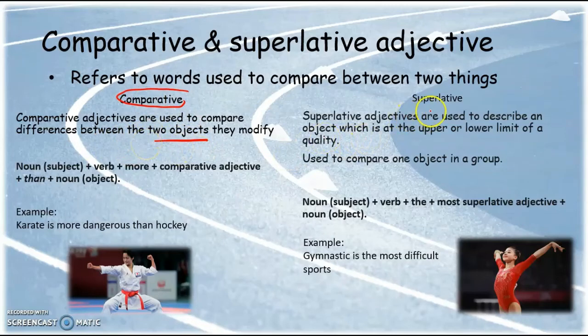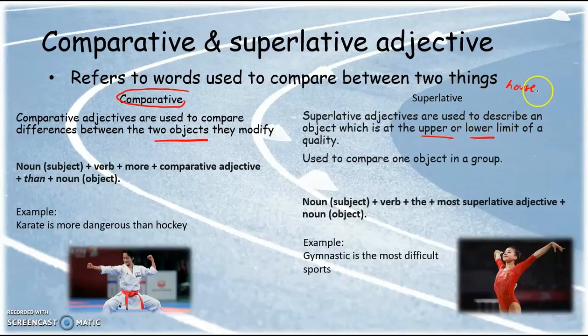Meanwhile, the superlative adjective we use to describe an object which is at the upper or lower limit of a quality. For example, the object is a house.